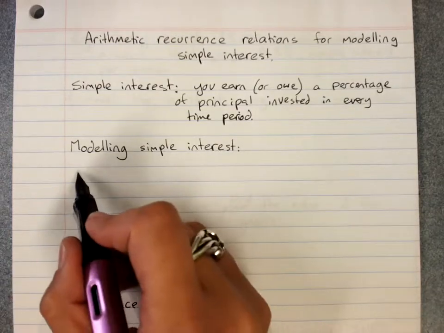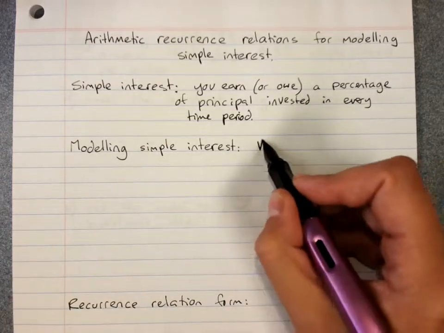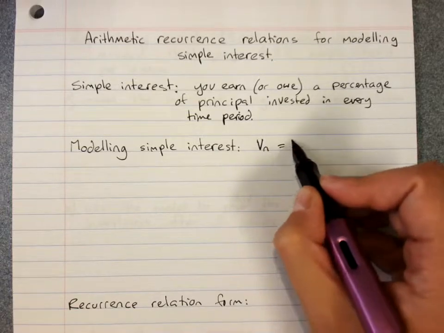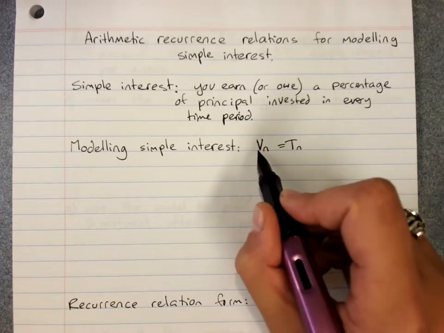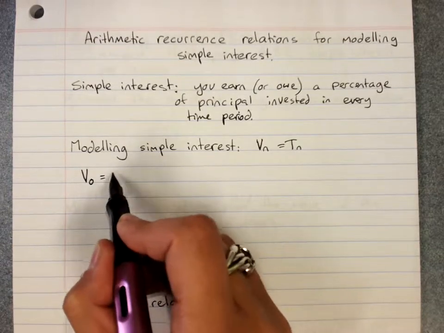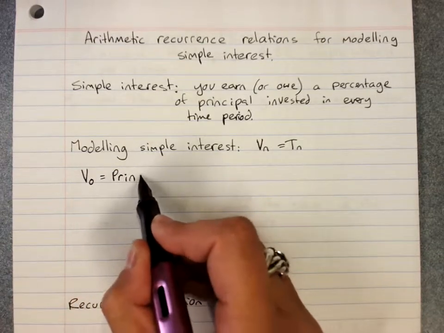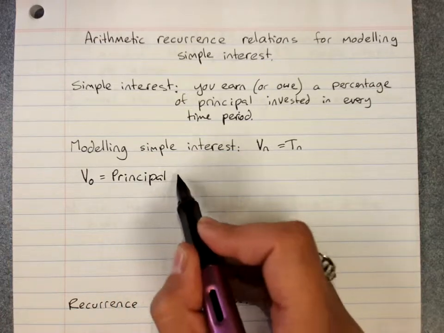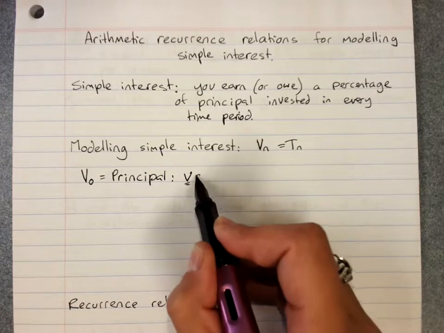So when we're modeling simple interest, we tend to use Vn rather than Tn for value. V0 is our principal amount borrowed or invested. V for value.